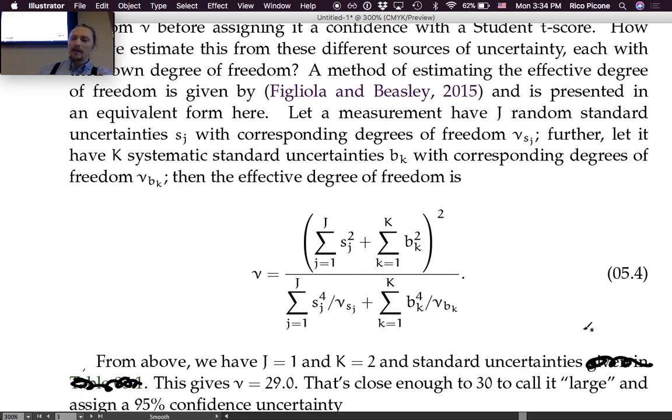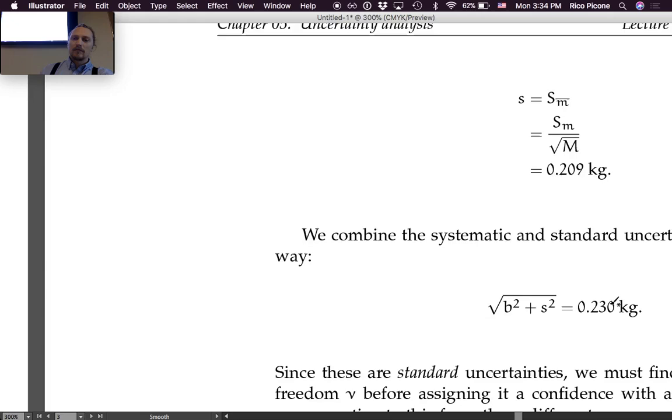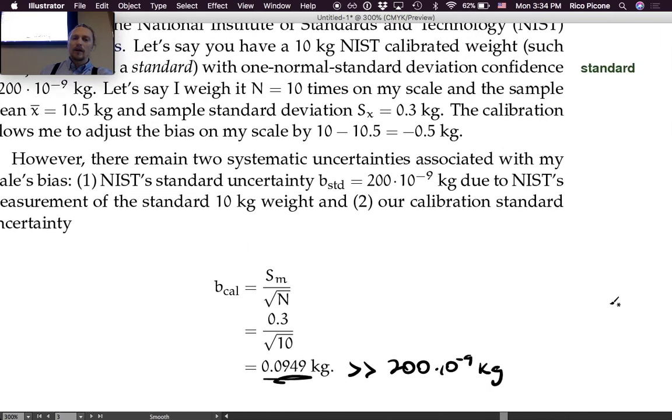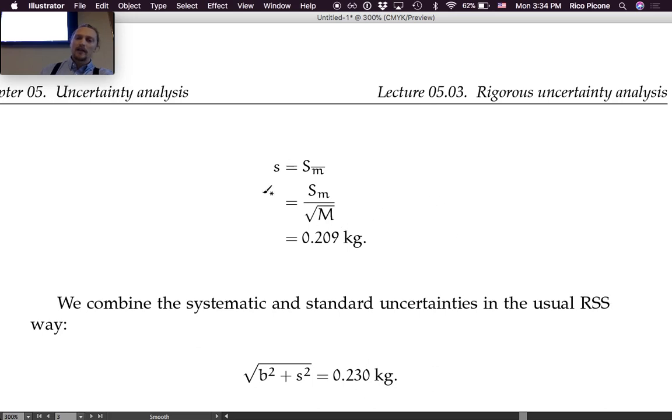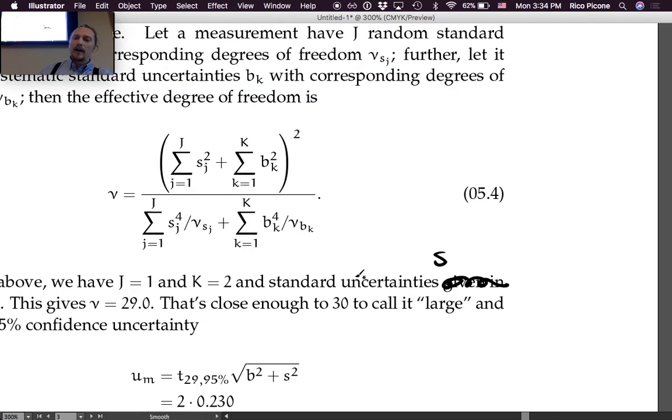In standard uncertainties, we have S associated with the calibration. So this was just our one S. That's all we had, just this S. And then we had the B associated with the standard that NIST gave us, and then we had B associated with the calibration.